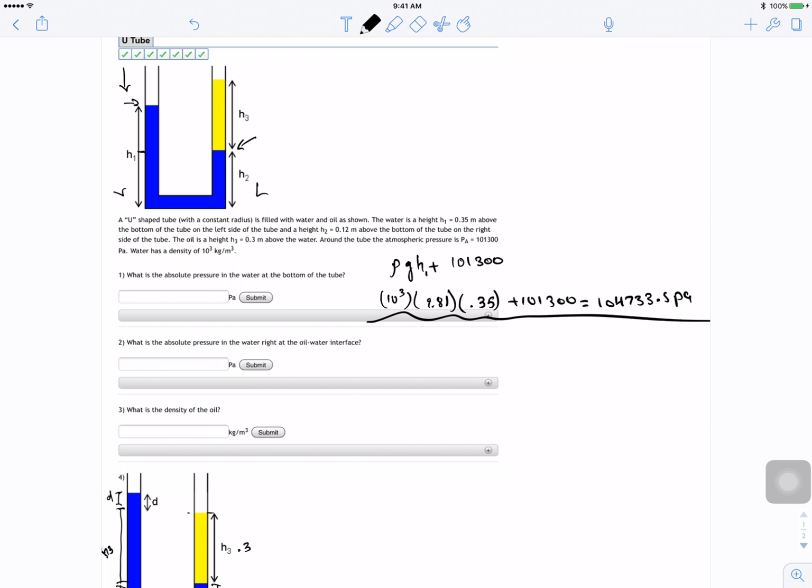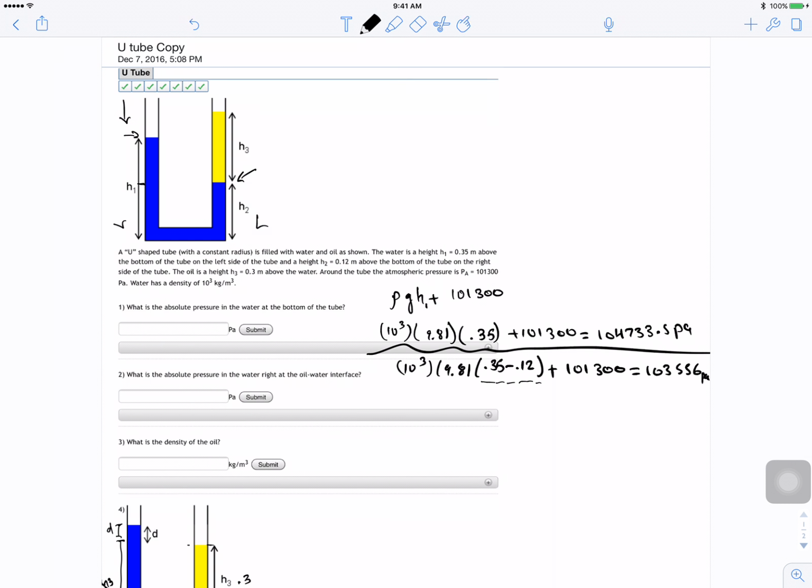Now, what's the absolute pressure in the water right at the oil-water interface? They want it right here. The way to do that is 10 to the third times 9.81 times (0.35 minus 0.12) plus 101,300, and that will give us 103,556 Pascal. Where did I get this from?